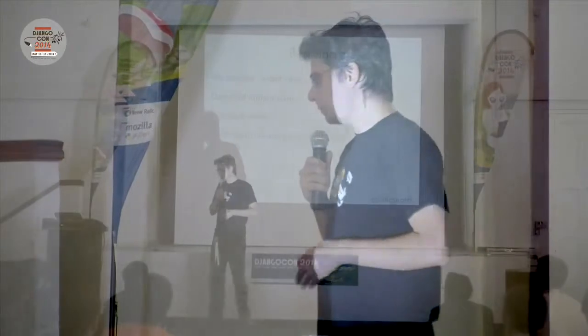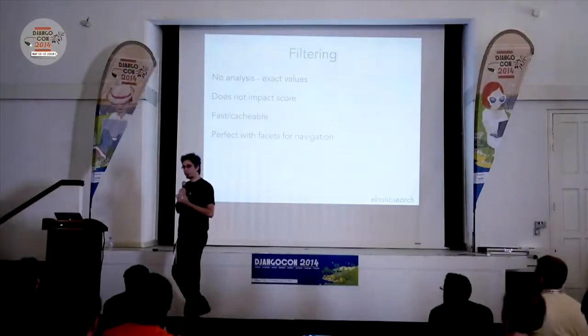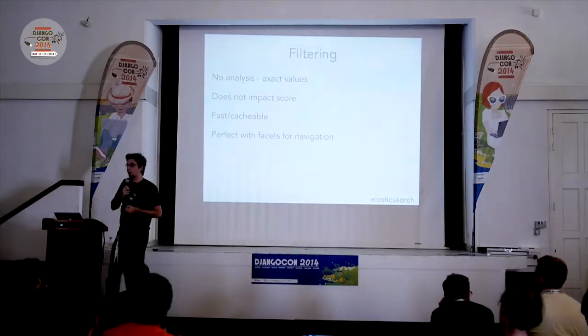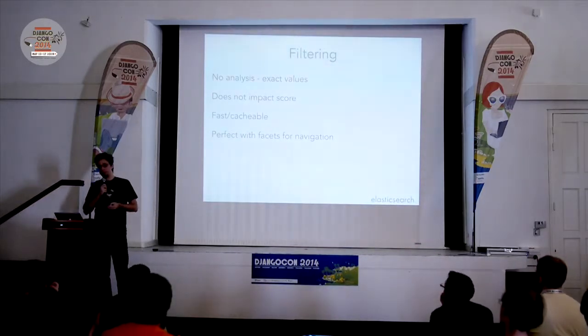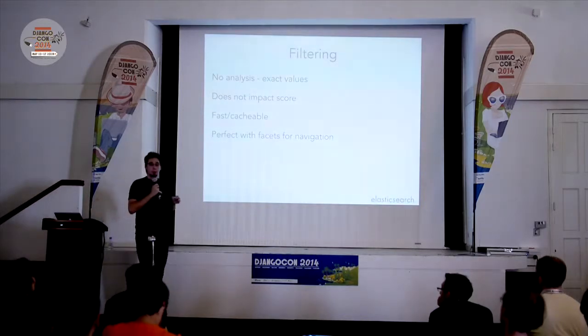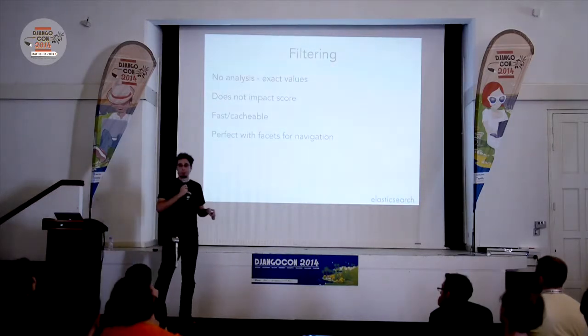So once we actually have all the values and we want to filter, that's where filtering comes in. Filtering is super simple. It uses the same data structure, the same inverted index as the queries, but with one exception. Typically, when you want to filter on something, you don't want to do analysis on it.